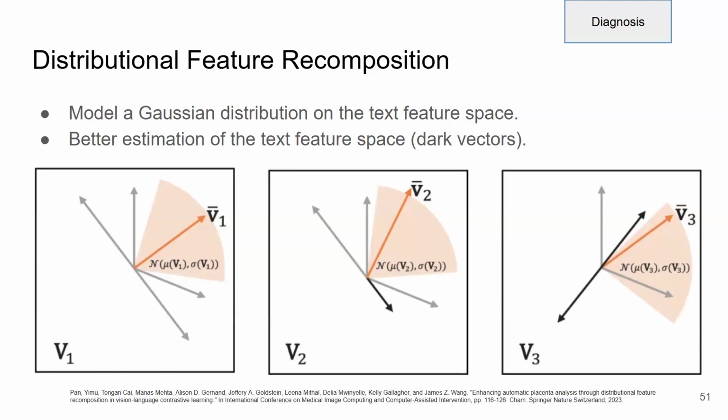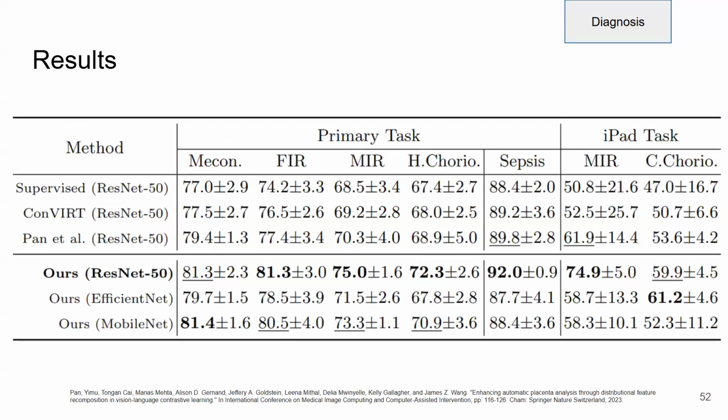That's a lot more change compared to V2. But if you look at the orange vector, it doesn't change as much compared to V1, even if the individual feature changes drastically. But if you look at the distribution, it actually changes a lot. So if you use the distribution to represent the feature space, it's giving you a more robust feature. And using this method, we get additional performance improvements over the previous method we proposed.